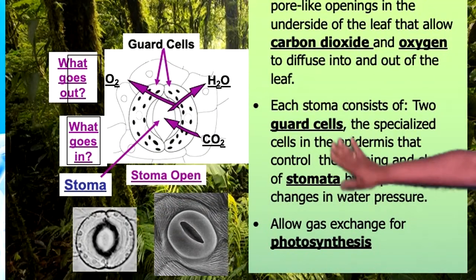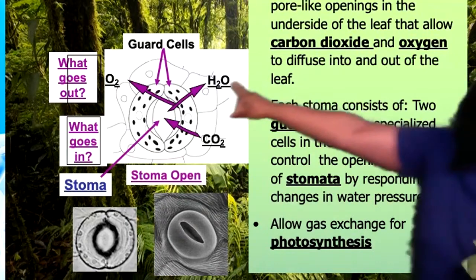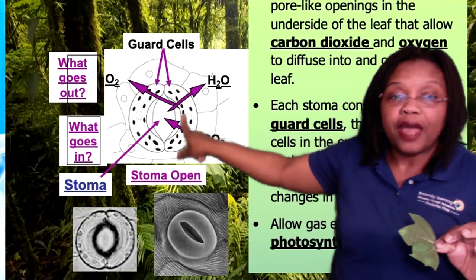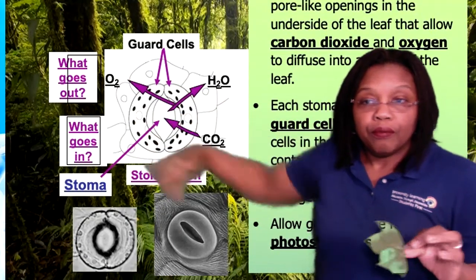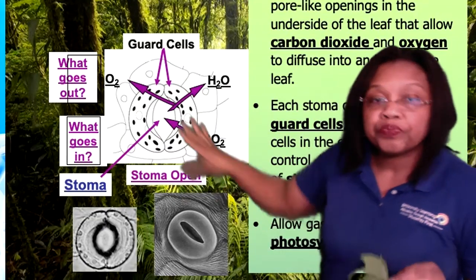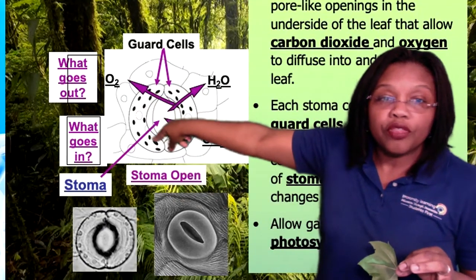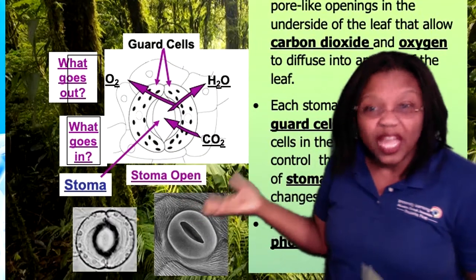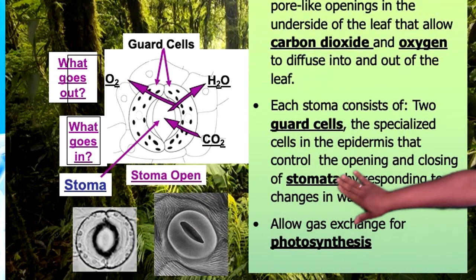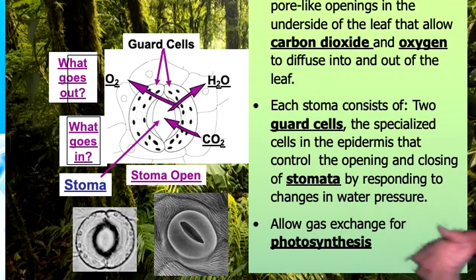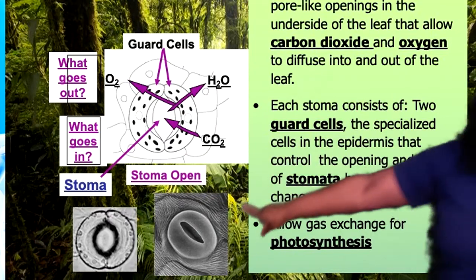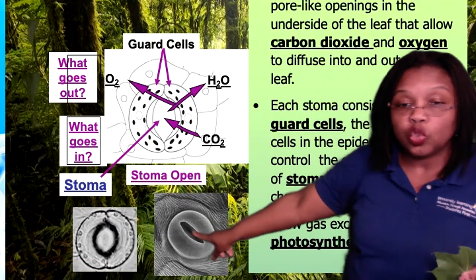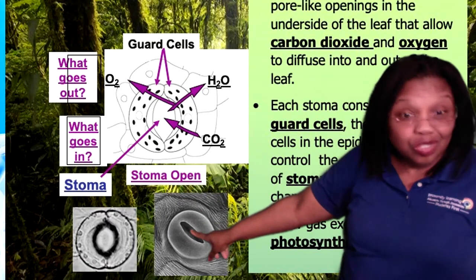The stoma has something called guard cells. Guard cells look like the little lips, that little fat part there, okay? So that part is what opens and closes. The stoma is the actual hole, okay? The actual opening is a stomata, or sometimes they call it stoma. So the hole you see in between is the stomata or the stoma.